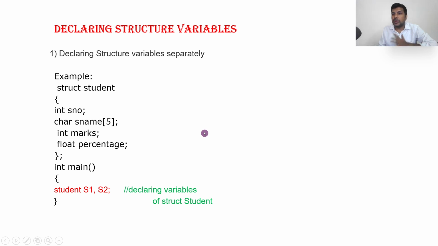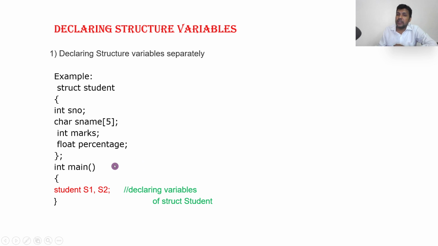So how to declare a variable? Let us see. Declaring a variable in structure: int serial number, char s name, int marks, float percent. Now this is the structure student. When you want to declare the variables, you have to write in the main program. Generally in C language we use struct also, but here we are using student. We don't need to use struct again. Student s1 comma s2, right?